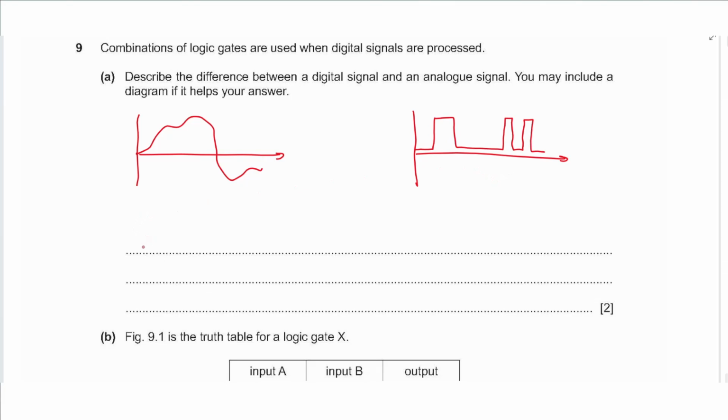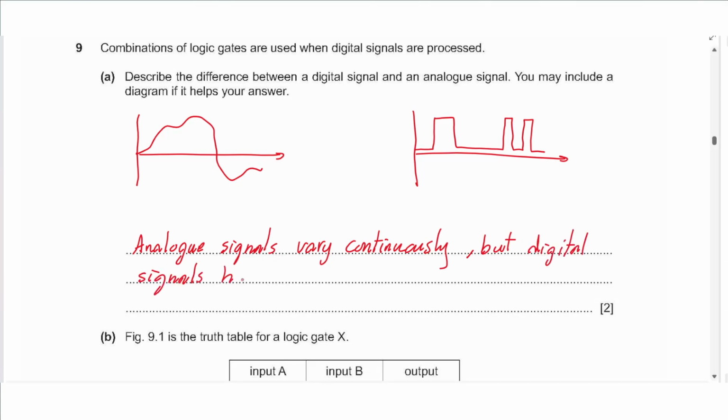And then we can say that analog signals vary or change continuously, but digital signals have discrete values, or have only two values for binary digital systems, which is high and low.